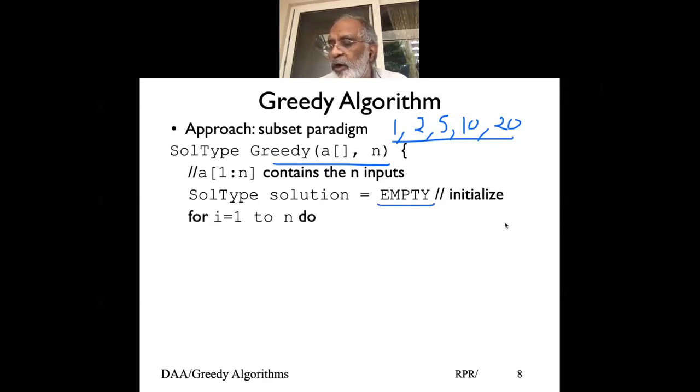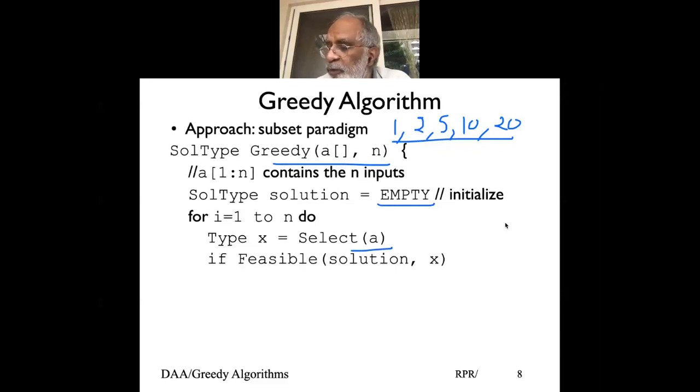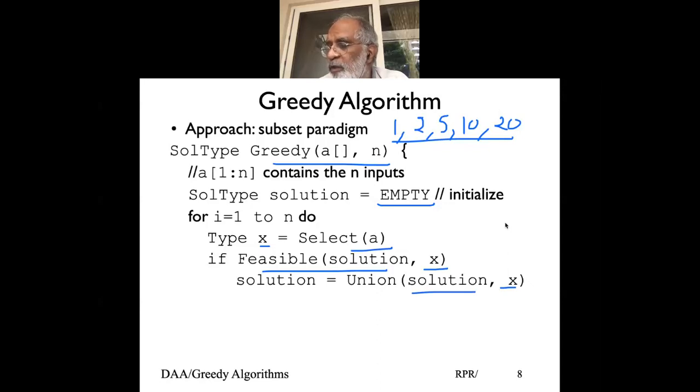Then for each array element, I select x, the best one, and see whether this selection meets my requirement and leads to my solution. If so, add x to the solution. If not, discard that input and continue, and finally you get the solution.